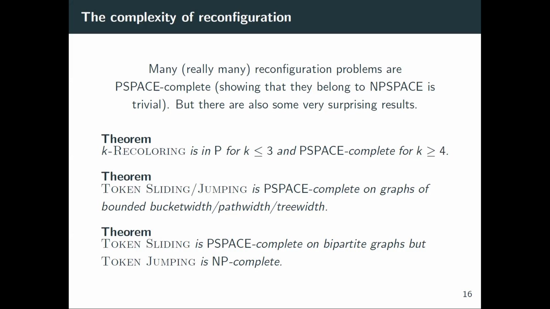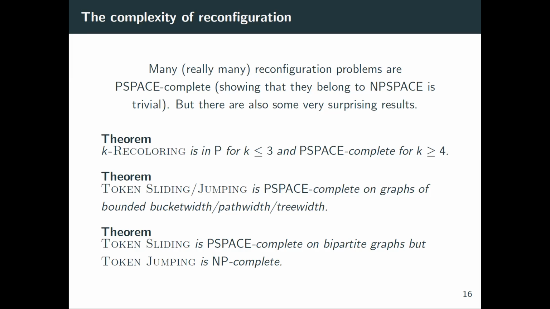So if I give you two 3-colorings of a graph and I ask you, is there a path between them that recolors one vertex at a time and is always a valid 3-coloring, then this problem can be solved in polynomial time. And the recoloring problem only becomes PSPACE-complete for k equal 4 and more. So that's the first surprising result.